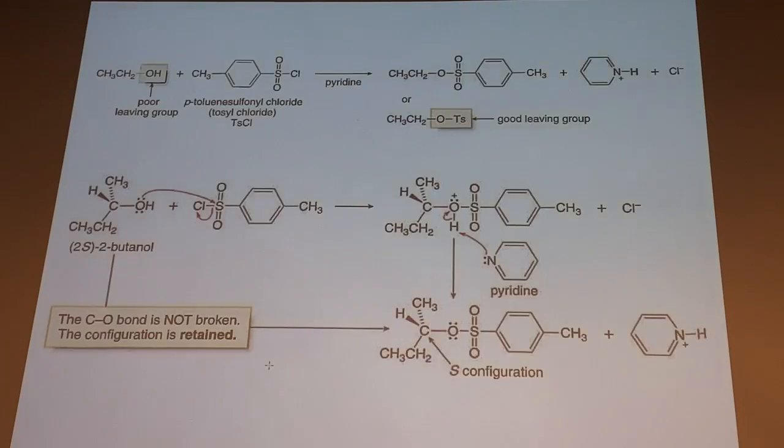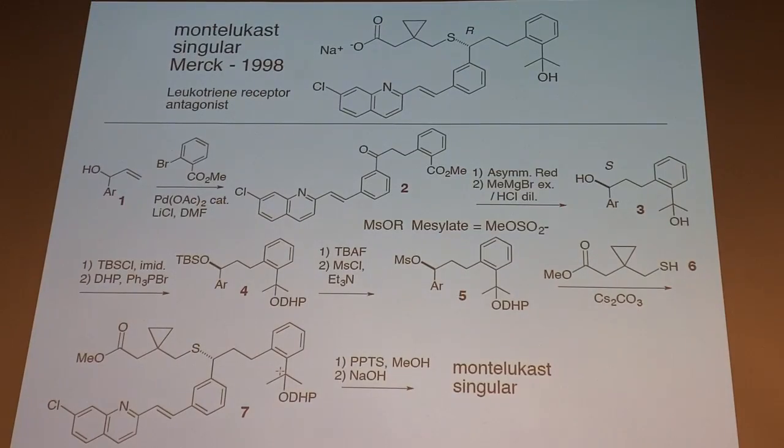So some other things that can be done. Here's our tosylate leaving group, just the rest of the details of that, how it's formed. We retain the stereochemistry forming a tosylate, but then when we react it, right, with the SN2 reaction, it does get inverted there. So here's a couple examples. Here's a chiral alcohol that's S. And let's see.